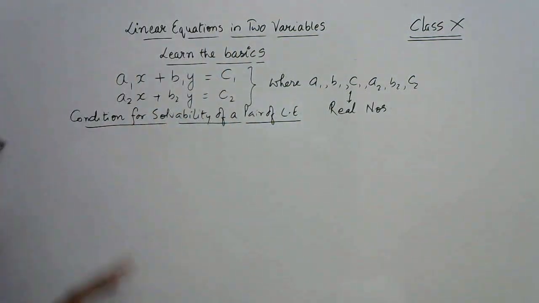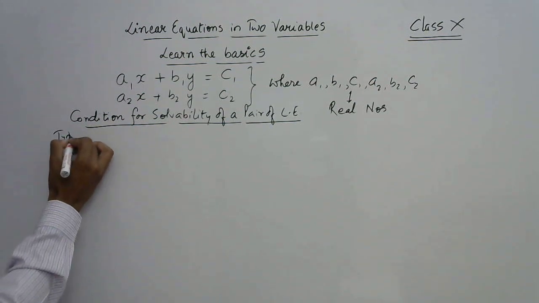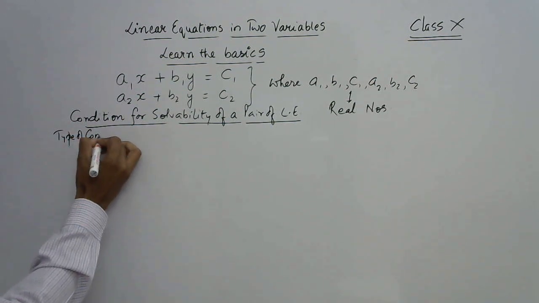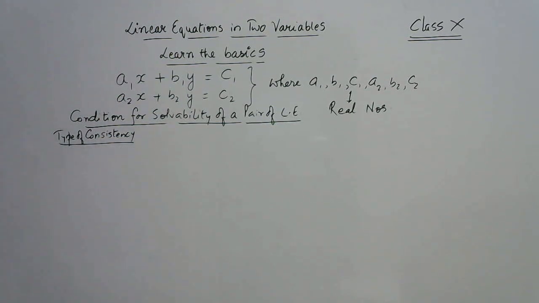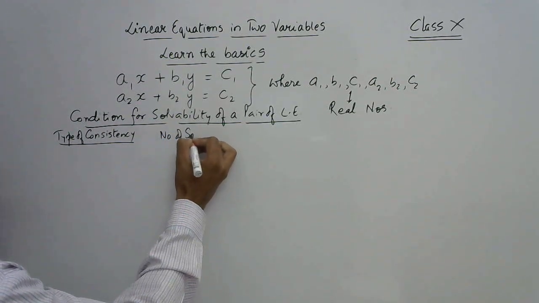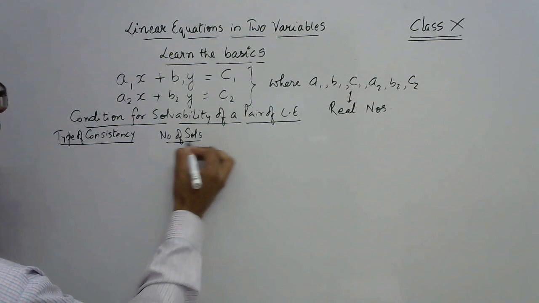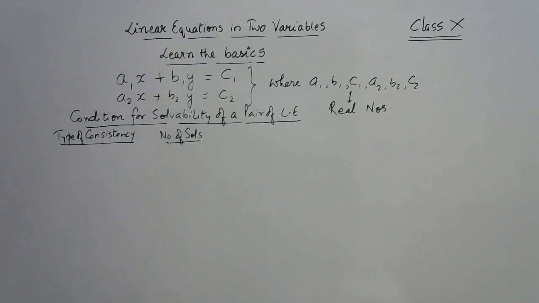Now I will draw a table here for your convenience. This is the type of solution, or you can say the type of consistency. So this is the first column. Then in the second column we have the number of solutions, that means how many solutions are possible for this pair of linear equations in two variables.